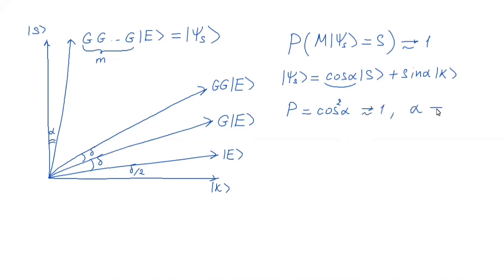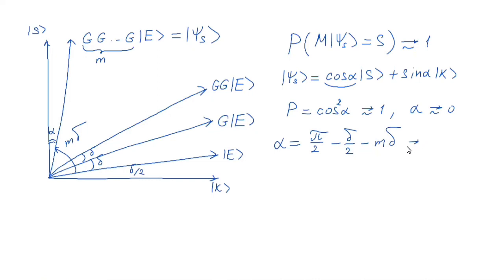Therefore, alpha, the angle, should be very small. Now let's write an expression for alpha. Alpha is equal to pi over 2 minus delta over 2. We're subtracting delta over 2 because this angle between vector E and k was delta over 2 to begin with. And now we applied m Grover iterations. So now we're saying that this angle here will be m delta.